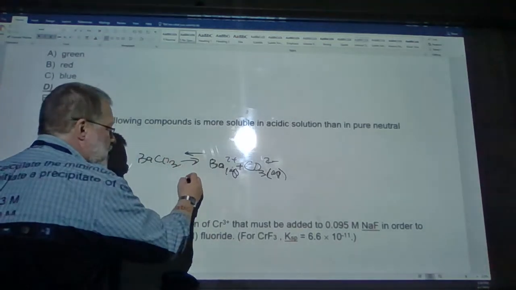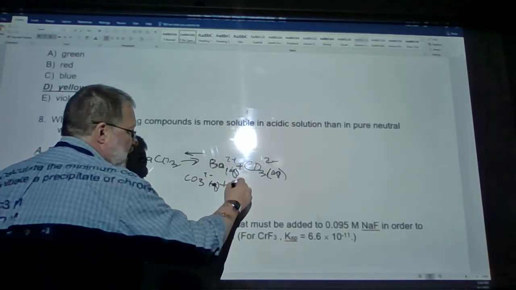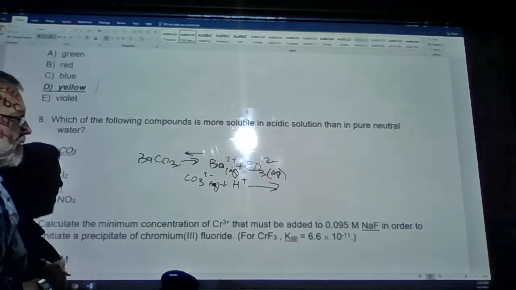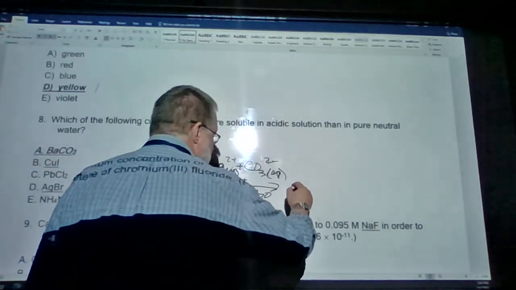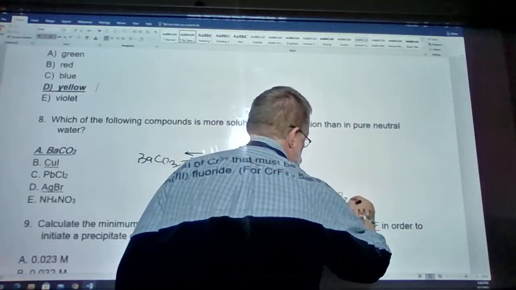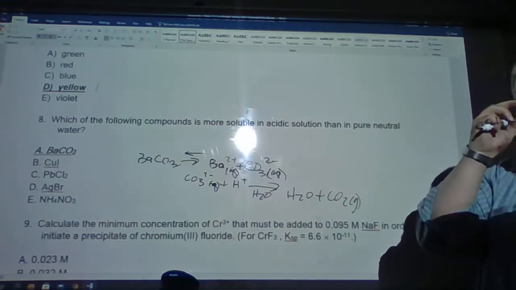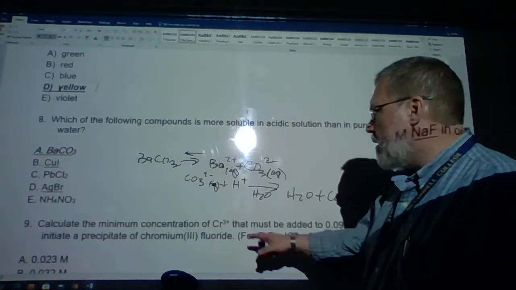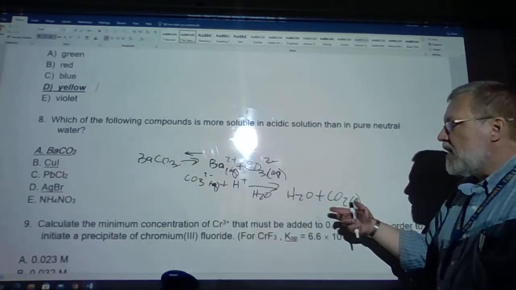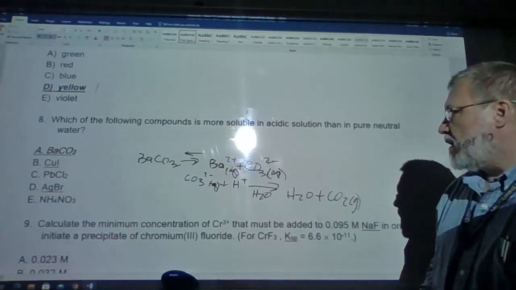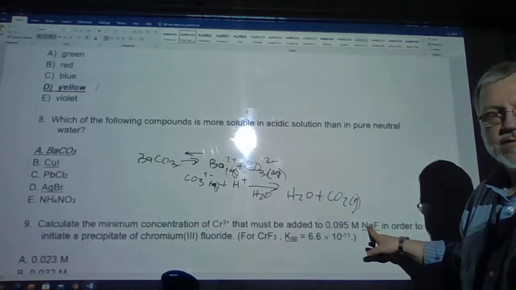When carbonate anion reacts with a strong acid in water, we get the formation of water and CO2 gas. So this is where we get that reaction where you take either baking soda or baking powder, react it with an acid, and you see the formation of carbon dioxide gas, you get the bubbling. It's because the carbonate anion is being converted to H2O and CO2 gas.